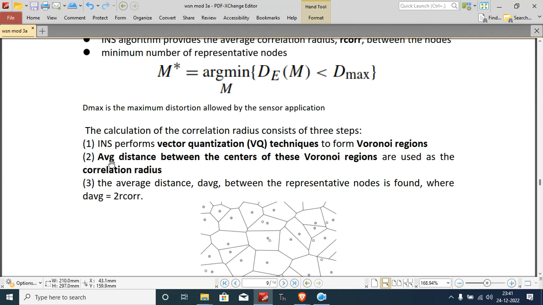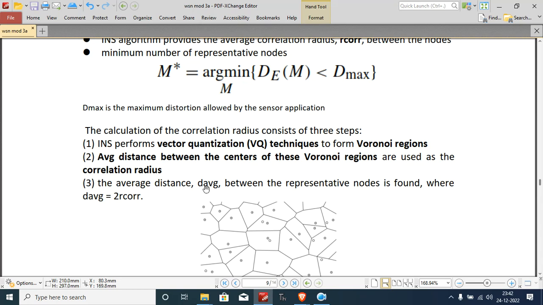The second operation involved is that the average distance between the centers of these Voronoi regions is used as the correlation radius.